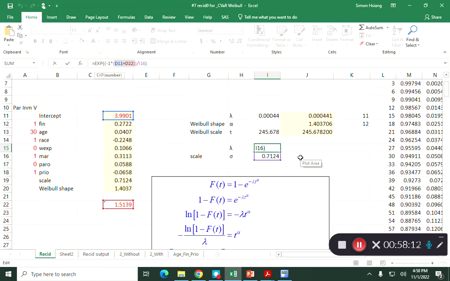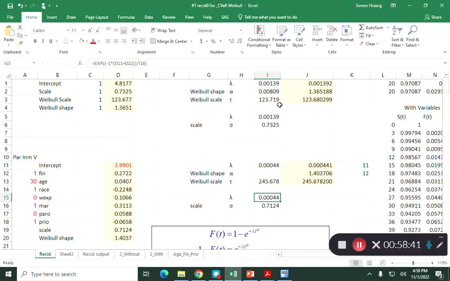Beta 0 plus beta 1 times finance, beta 2 times age, beta 3 times race, beta 4 times work experience. That is this value plus this value. Agree? Inside, this is all the regressors' values. Agree or not agree? Okay, so compare this lambda and this lambda.